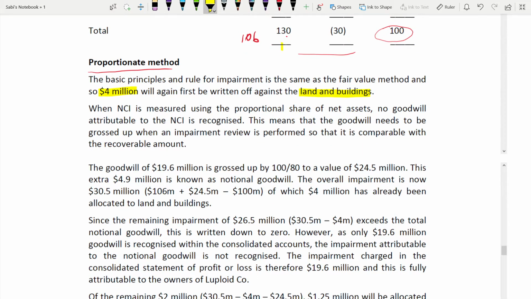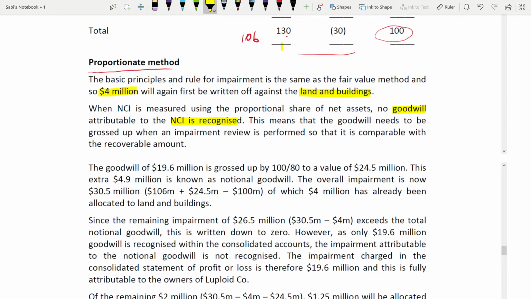Now, second paragraph: when NCI is measured using proportional share of net assets, no goodwill attributable to the NCI is recognized. This is very important. When it is a proportionate method. Why? It is fully for the parent company. Okay, so no goodwill attributable to the NCI is recognized.